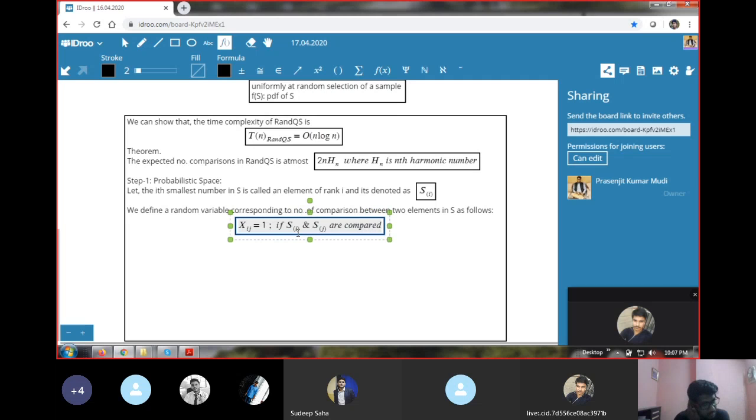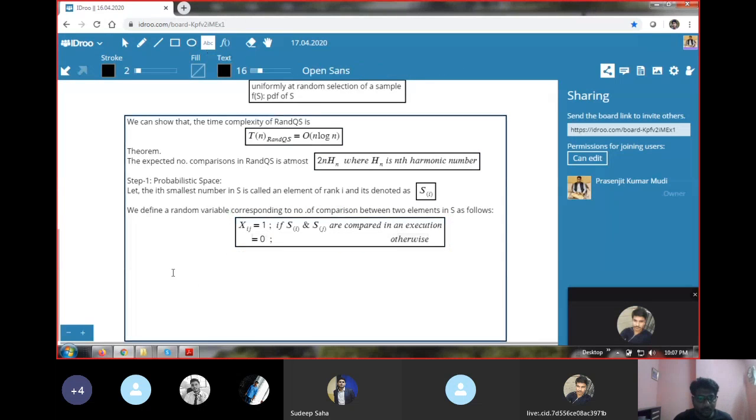So Si means an element with rank i, Sj means an element with rank j. So these are compared in an execution. Otherwise it is 0. So if one such comparison is done, then the value of Xij will be equal to 1.